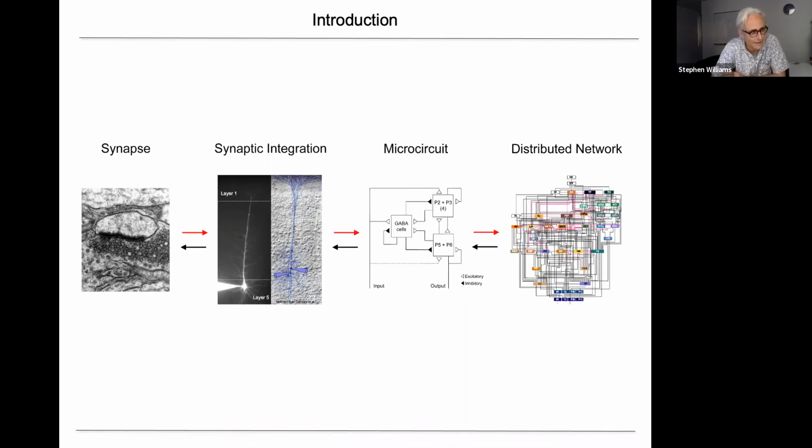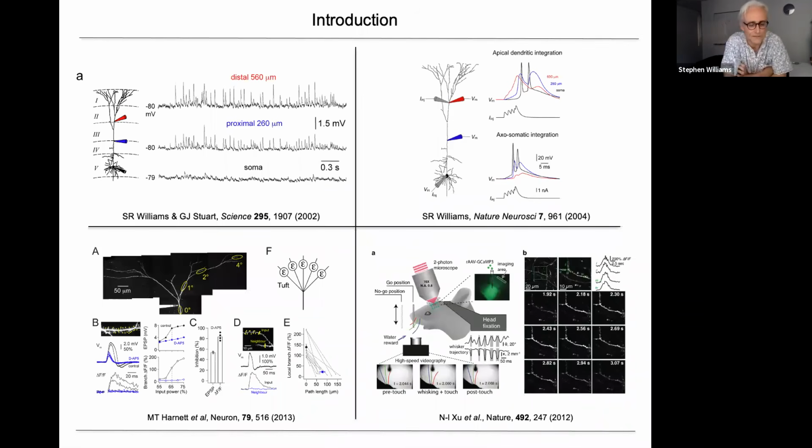And we've spent now decades of our life trying to pull apart how single neurons process information and how those processing schemes are utilized within neuronal circuits to implement defined computations.